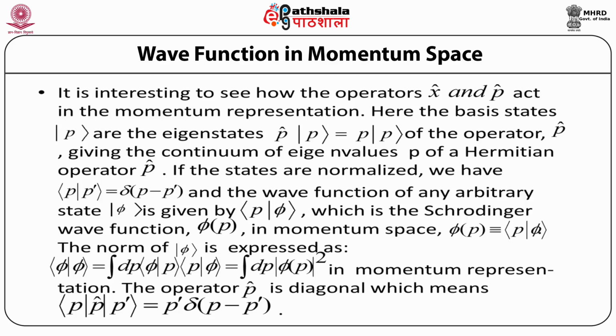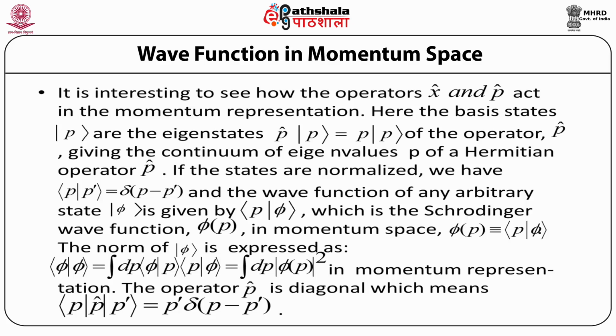Now if we want to study these operators in the momentum representation, we first define the basis states |p⟩ as p|p⟩ = p|p⟩, where p are the eigenvalues for the basis states |p⟩ of the operator p, giving the continuum of eigenvalues p of a Hermitian operator p.